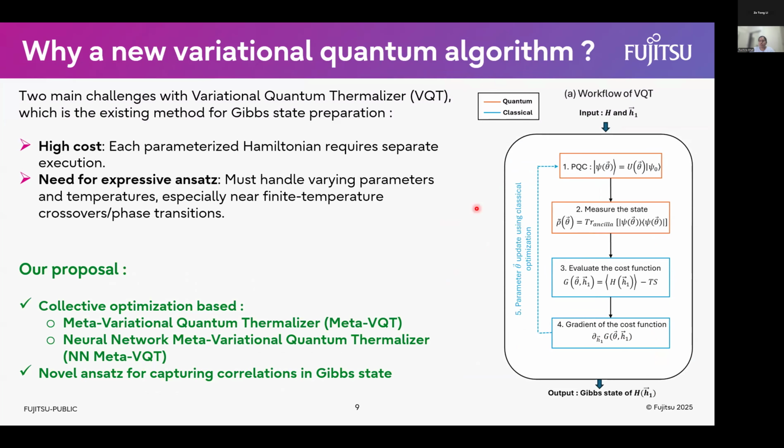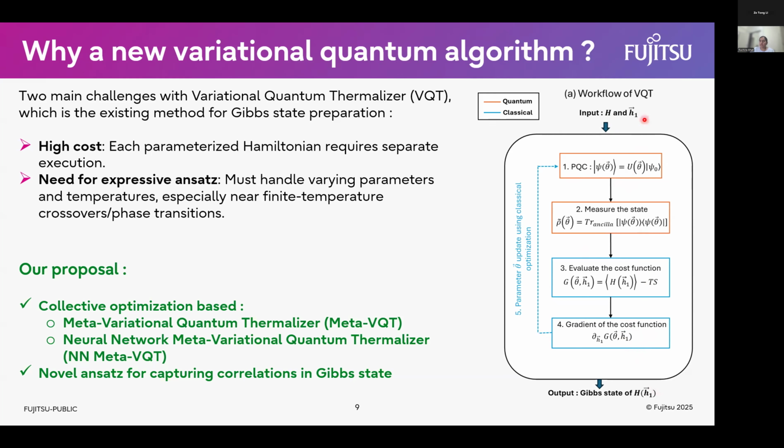When we look at the workflow of the traditional variational quantum thermalizer, which is widely used in the literature, if we have a Hamiltonian and the corresponding parameter, say H1, the workflow includes starting with a PQC with some additional ancillas. We measure the state and evaluate the cost function using any of the methods explained earlier. Then the gradient of the cost function is evaluated on a classical or quantum computer, and optimization is done using a classical optimizer. This is the general workflow.